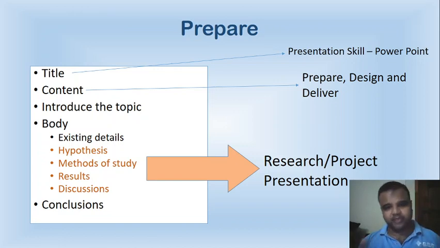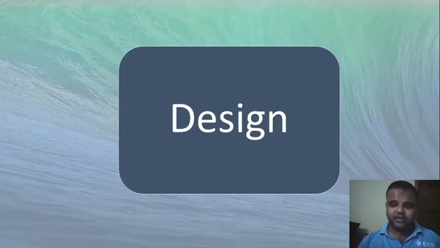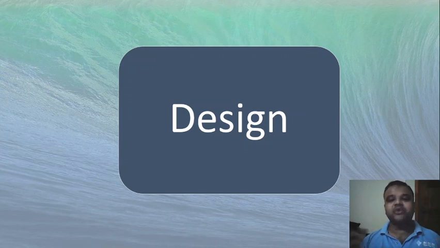What to prepare. The second aspect of any presentation is the design, because you do not want to kill your audience with a bad presentation. Always remember that your design or your presentation has to go to a wide range of audience.